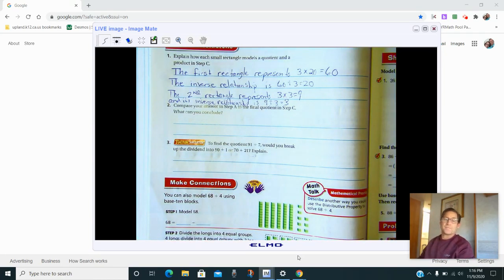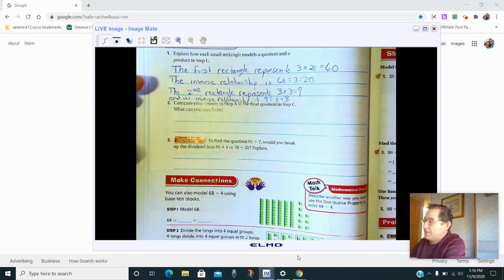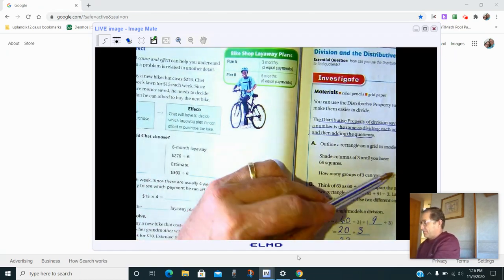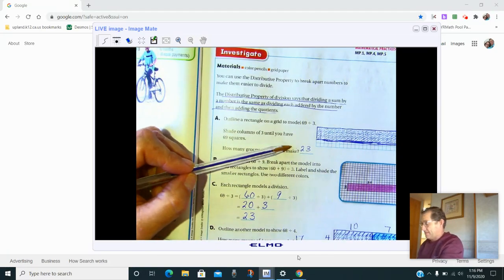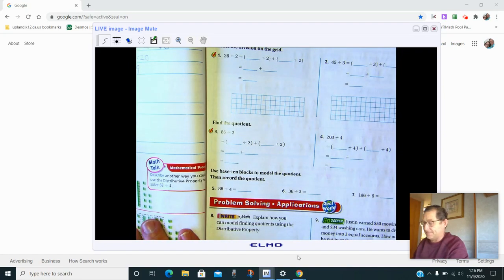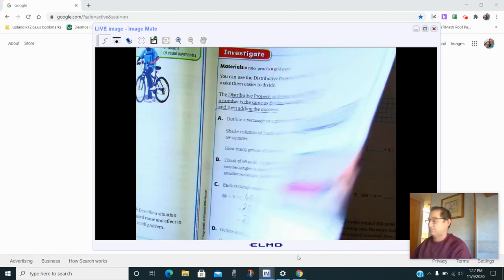Compare your answer in step A to the final quotient in step C. What can you conclude? The answer in step A with the answer of step C. Well, I get 23 and 23. Okay, well, I can conclude they are the same.